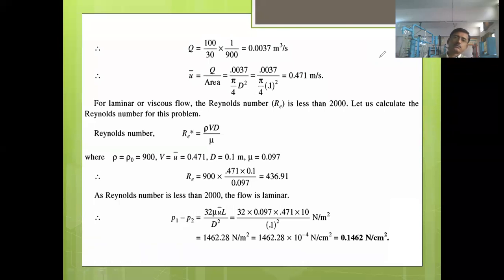Is it over? Everyone? All of you have written the problem in your notebook or not? Yes, sir. Is something from the previous slide remaining to write?